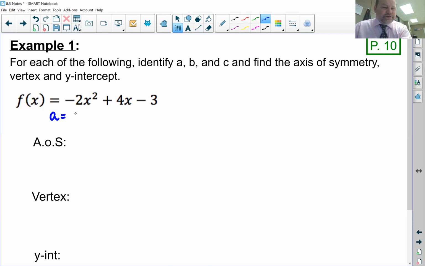The biggest thing to be careful of is the signs for our values a, b, and c. So a is -2, b is +4, and c is -3. Anytime there's subtraction, that value is going to be thought of as negative.